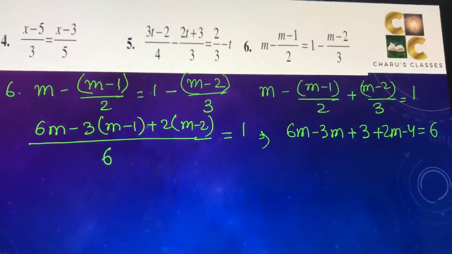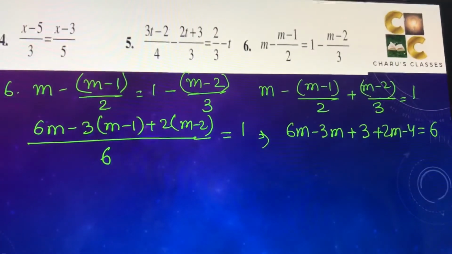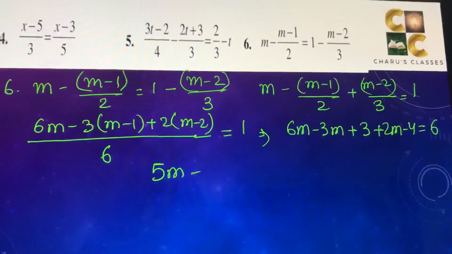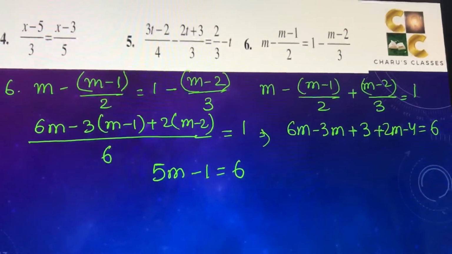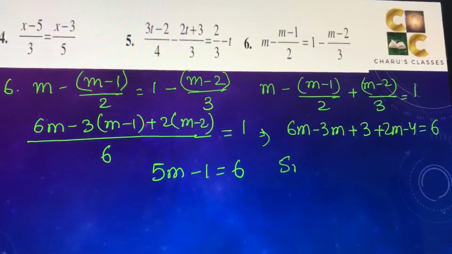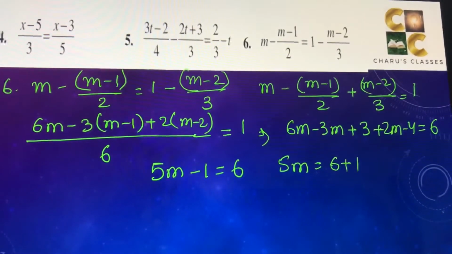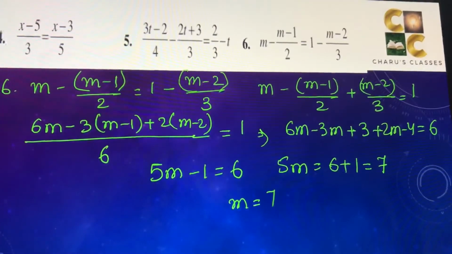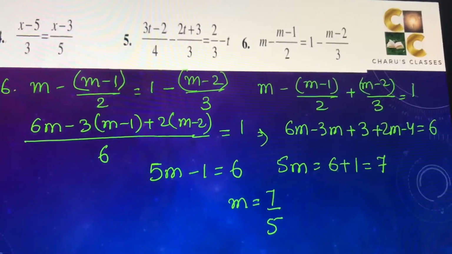So 3m and 2m, we will get 5m minus 7 is equal to 6. Or we can write 5m is equal to 6 plus 7, which is equal to 13. M is equal to 13 by 5.